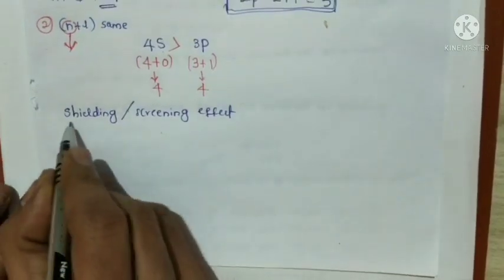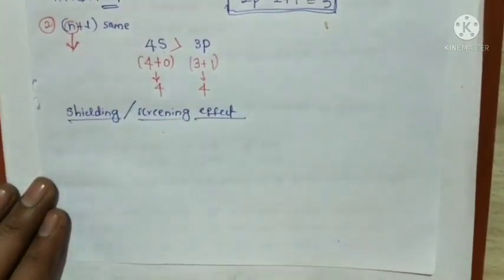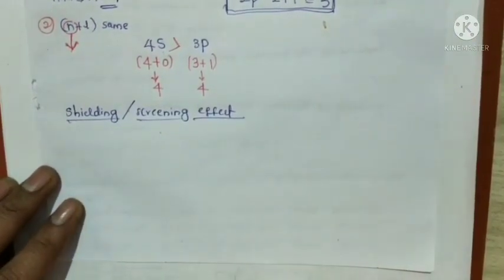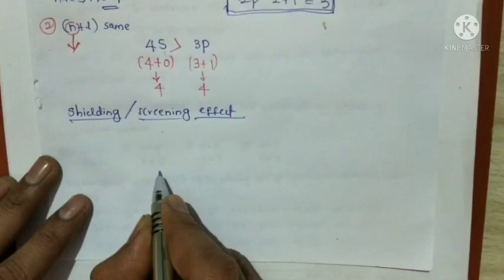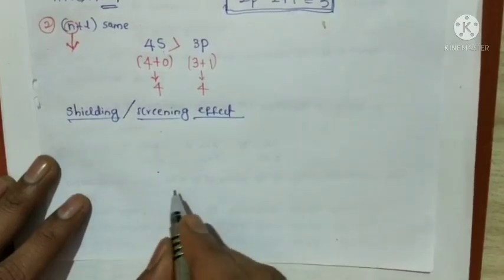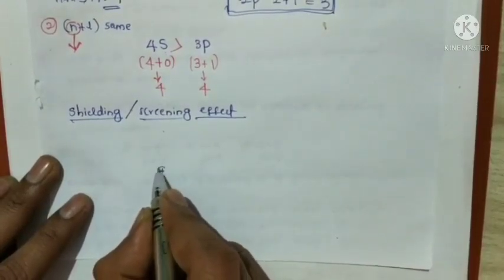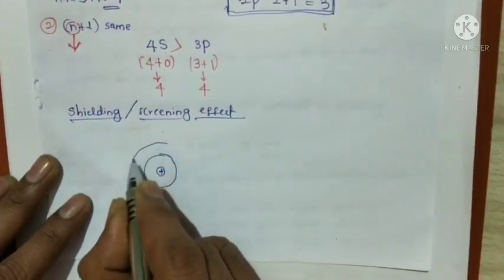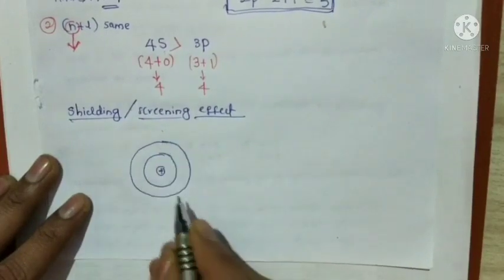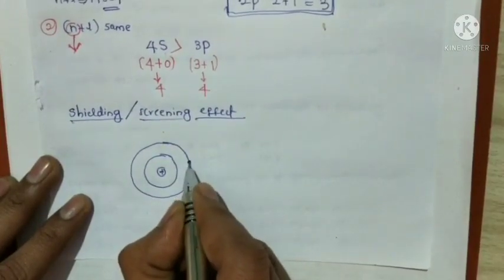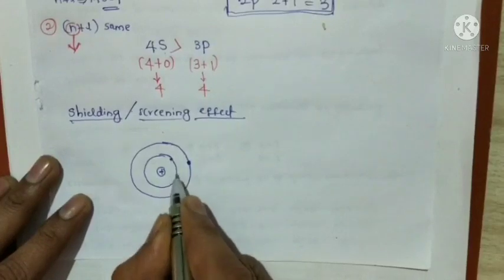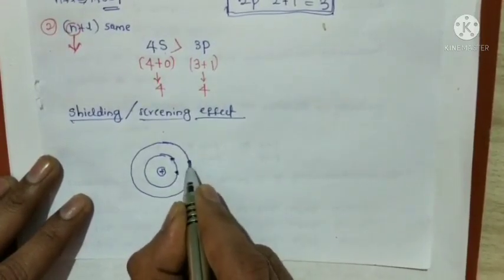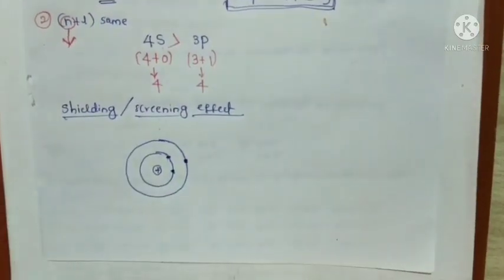We know that in multi-electron atoms, two forces are there: one is attraction forces, the second is repulsion forces. For example, here is a multi-electron system. Here are the core electrons, meaning inner electrons, and the outer electron, and this is the nucleus.